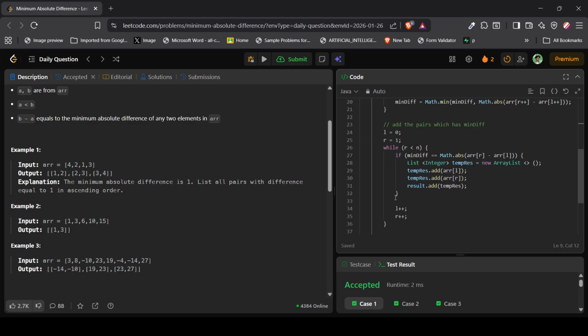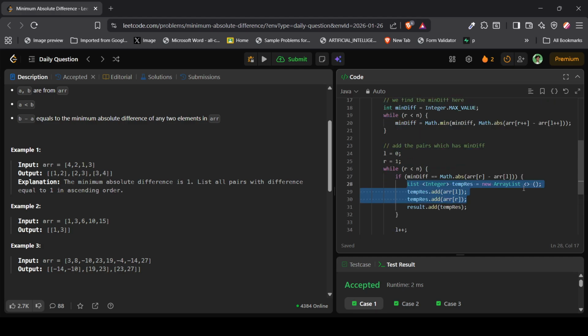I think we can also write this particular thing something like this. Result dot add a new ArrayList.